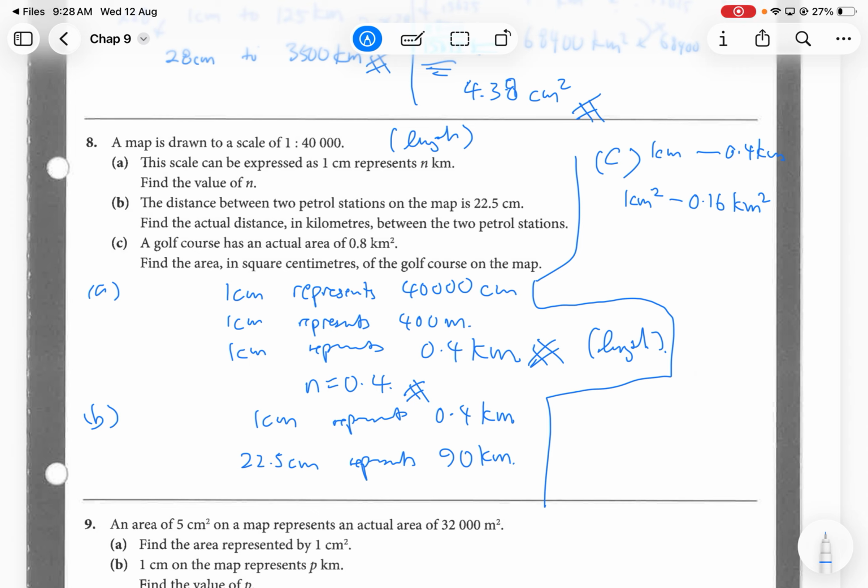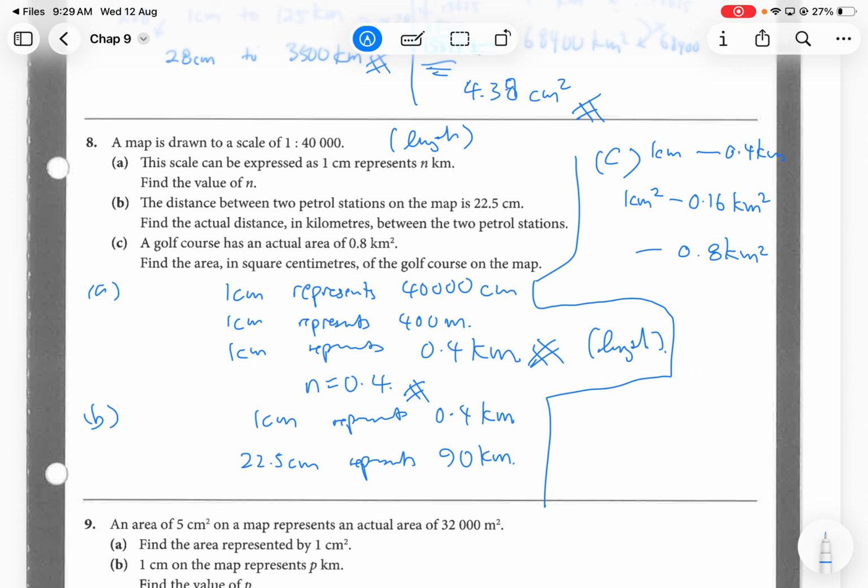Now, actual area in the real world is 0.8 kilometer square. So I can use my scale to find out. On the map, 1 is 0.16. Now I have 0.8. How much is it on the map? For me, now I want to work on the right hand side.